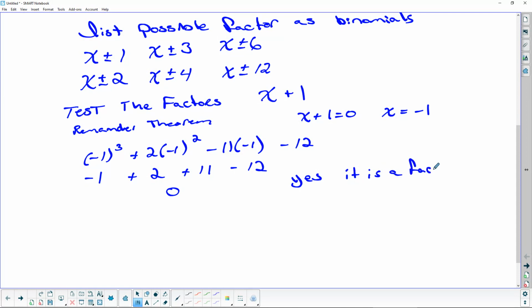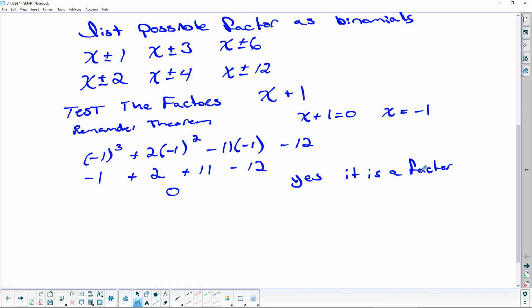Now don't get all happy. I know that was a factor because I did this one before, so I didn't luck out and pick the right one. You might have to test a few times to get one, so it might take a little longer. But I knew that x plus 1 was a factor because I've done this example probably 10 or 15 times in my life.